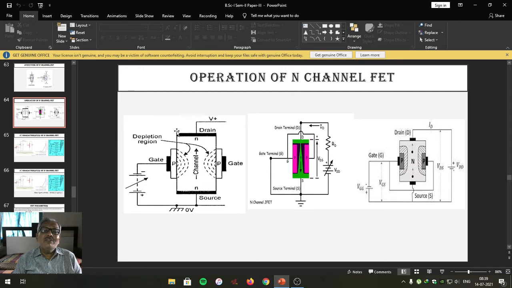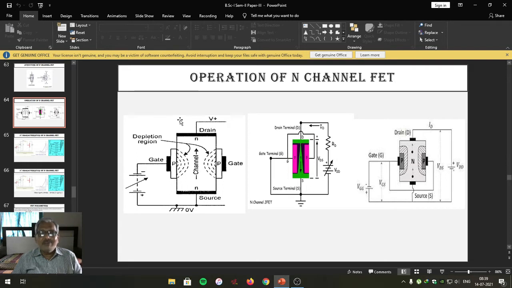With this information associated with N channel FET, let me study now the working of N channel FET. To understand the working of N channel FET, one has to know how the FET is biased. Till and until the FET is biased in a proper way, it doesn't conduct current.